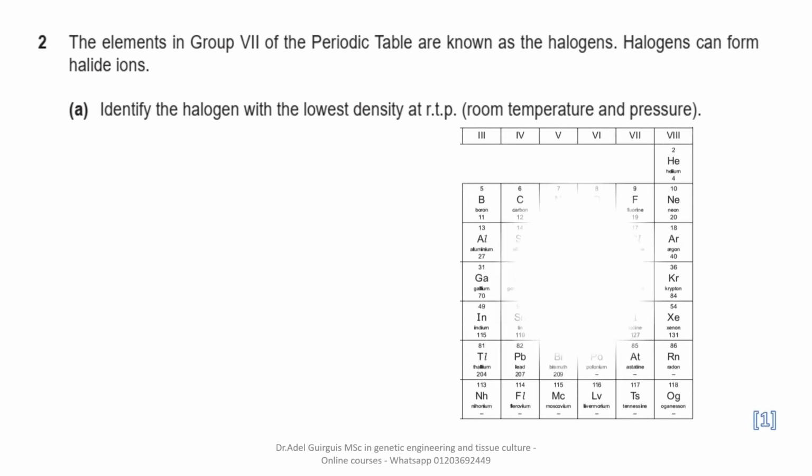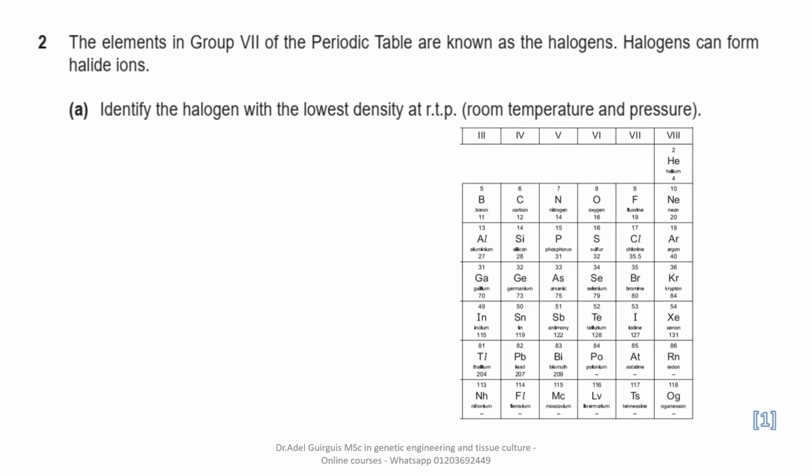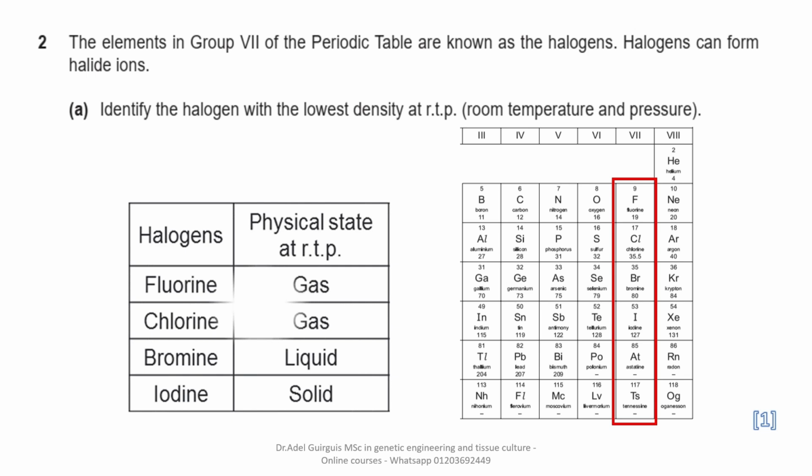Look at group 7. This is part of the periodic table, group 7 here. It starts with fluorine and ends with tennessine. What about the physical state of these elements? Fluorine and chlorine are gases. Bromine is a liquid. Iodine, astatine, and tennessine are solids.